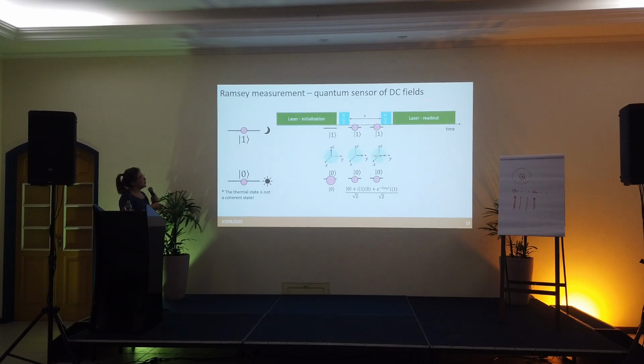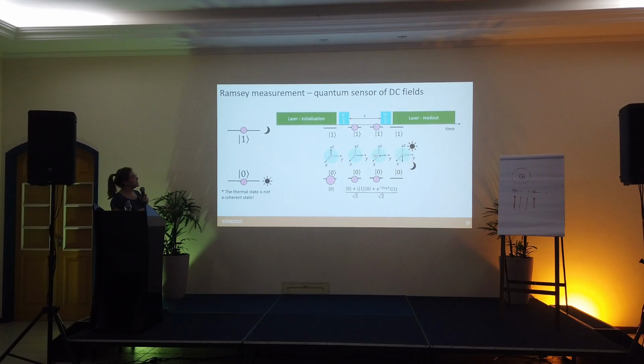And then, in order to read out, I need to map it back onto my optical basis, right? I need to map it back onto the basis where I have contrast. I do that with the second pi/2 pulse, right? And then I read it out. And now, depending on the time that my system has evolved for, I'll either map it back onto my 1 state, which is dark, or I'll map it back onto my 0 state, which is bright, or somewhere in between.